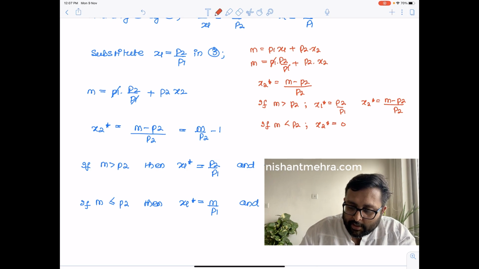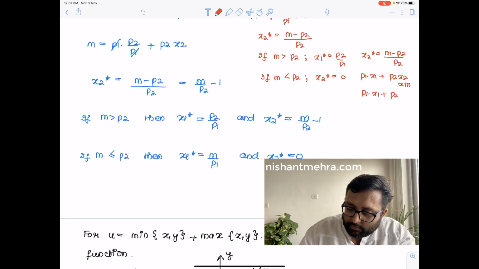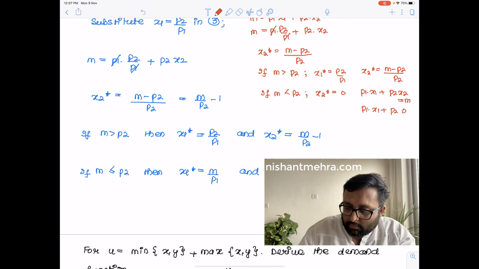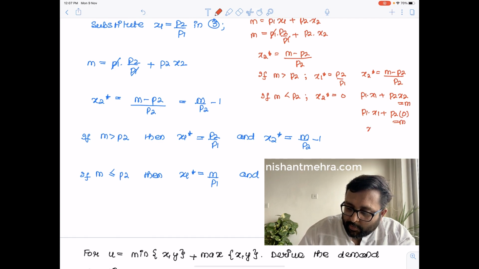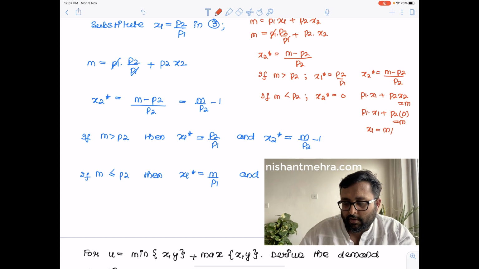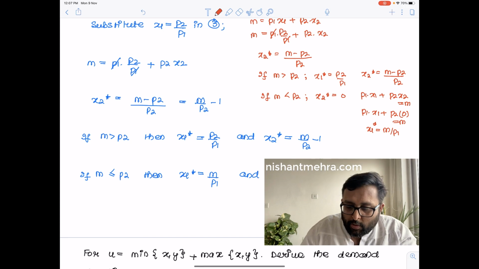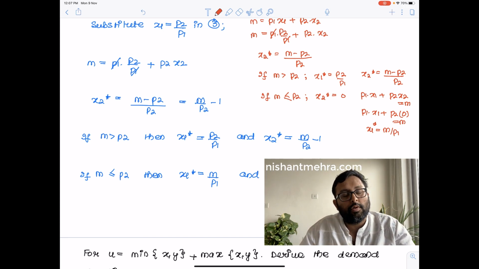So p1 x1 plus p2 into 0 equals m, and x1 would be equal to m upon p1. And even if m is equal to p2, then also this is true. x2 star is 0.